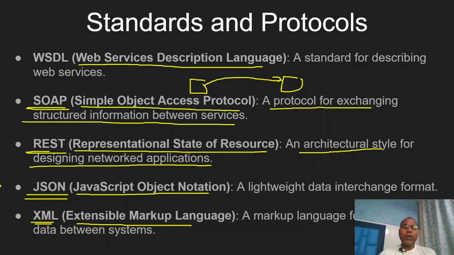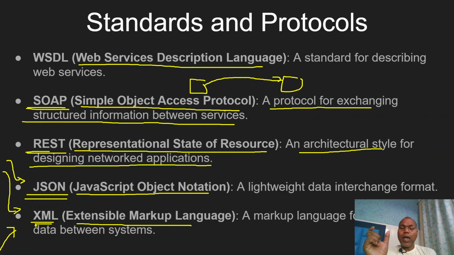Nowadays applications generally use JSON. But if you go back 20 years, when these protocols started using service oriented architecture and SOA protocols, at that time XML was extensively used.